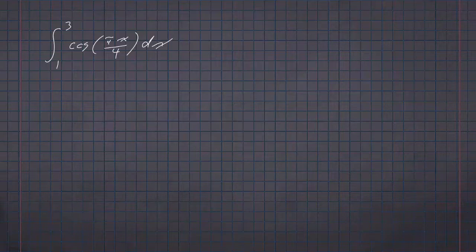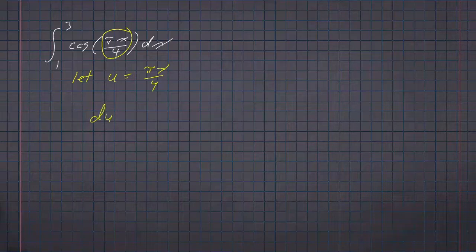So I'm going to take the argument of the outside function, pi x over 4, and call that thing u. Differentiating implicitly, this means that du is pi over 4 times dx.